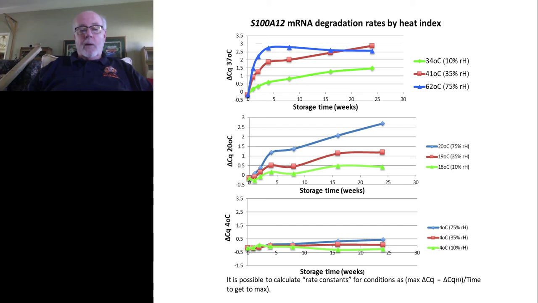So the interesting thing here is that at 4 degrees, degradation almost halts completely. You can see a little bit of increase in the delta CQ value at 4 degrees and 75% relative humidity. But at 4 degrees and 10% relative humidity, things are virtually stable over an entire 6-month storage period.